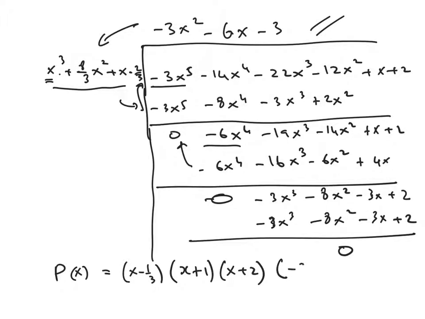So we put it here, minus 3x^2 minus 6x minus 3. We now see if we can factor the q of x. So negative 3x^2 minus 6x minus 3 can be written as minus 3 times (x^2 plus 2x plus 1).